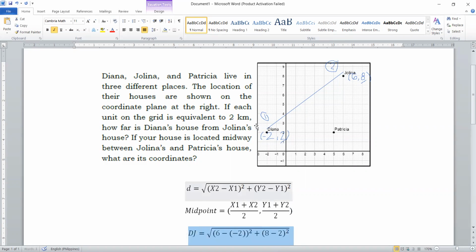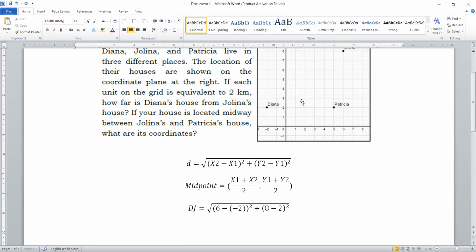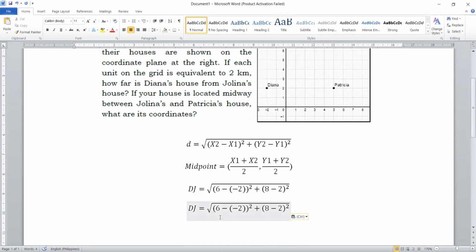Next, we need to simplify this further. So I'll erase that one because we can already solve for the distance. 6 minus negative 2 is like 6 plus 2, so that's 8. Plus 8 minus 2 is 6.